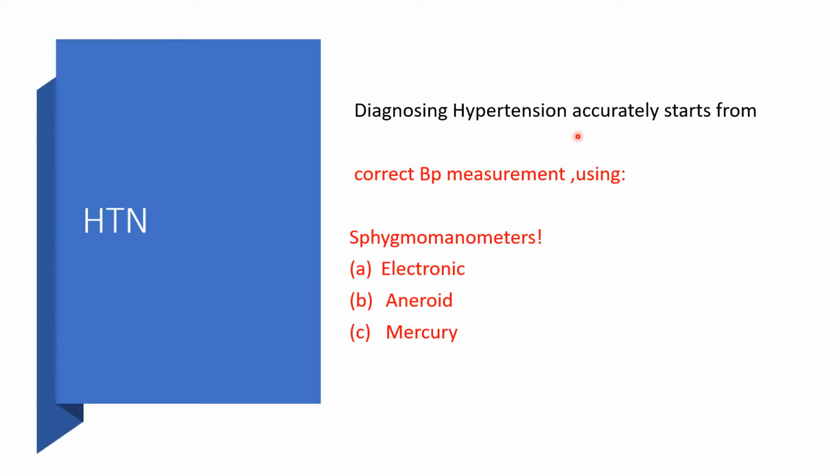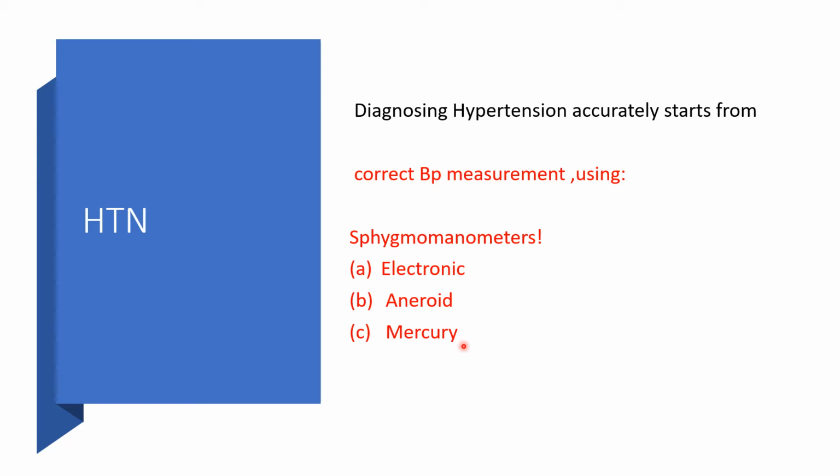So diagnosing hypertension accurately starts from the least that we will ever think of, that is correct blood pressure measurement using sphygmomanometers. There are 3 forms that I know of: electronic, aneroid, and mercury. Out of all these, mercury is the best, but some are concerned about the environmental issues as per the mercury inside.